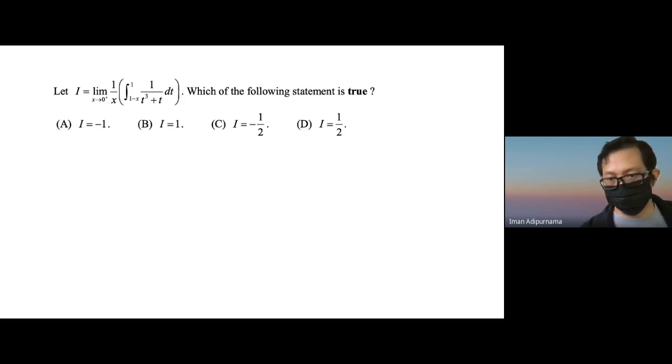Anyone got the answer? Okay. Anyone got the answer? B. D. B. Equal 1. Okay. Anyone else?